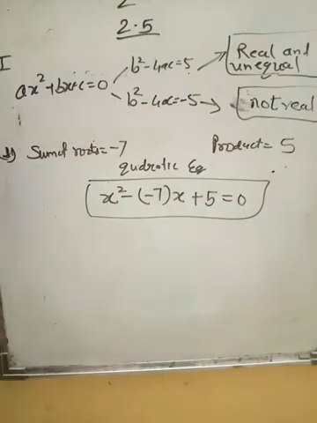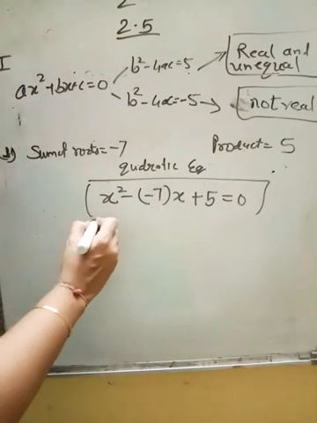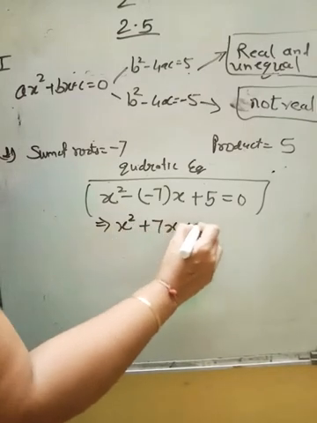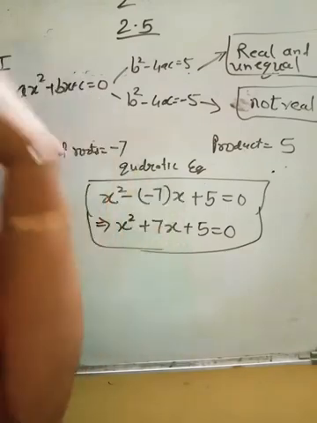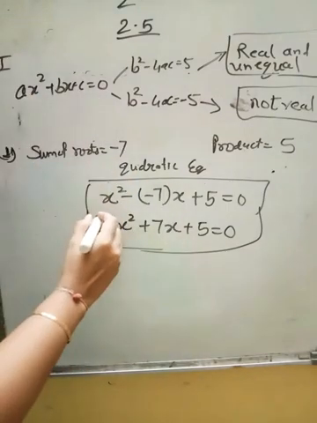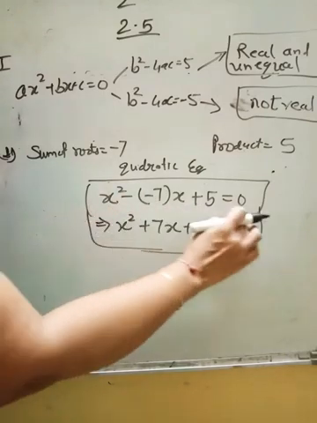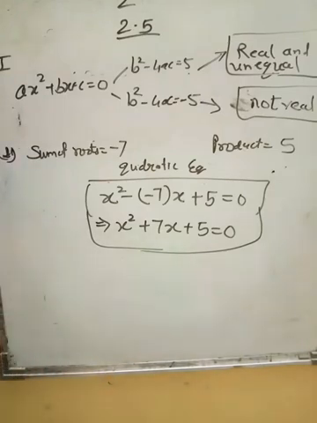Am I right? So if you solve it properly, you are going to have x square plus 7x plus 5 equal to 0. So in the box, children, as we are beginners, you write down both. But in the final exam, the final step is a must. So that you are supposed to write down. Clear?